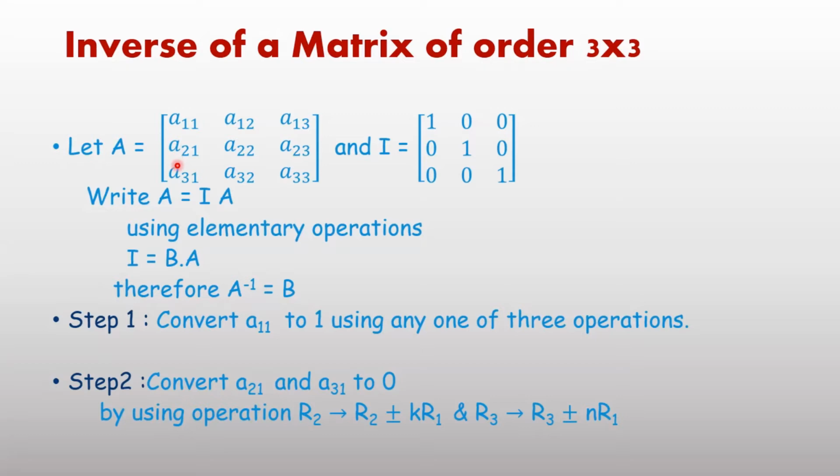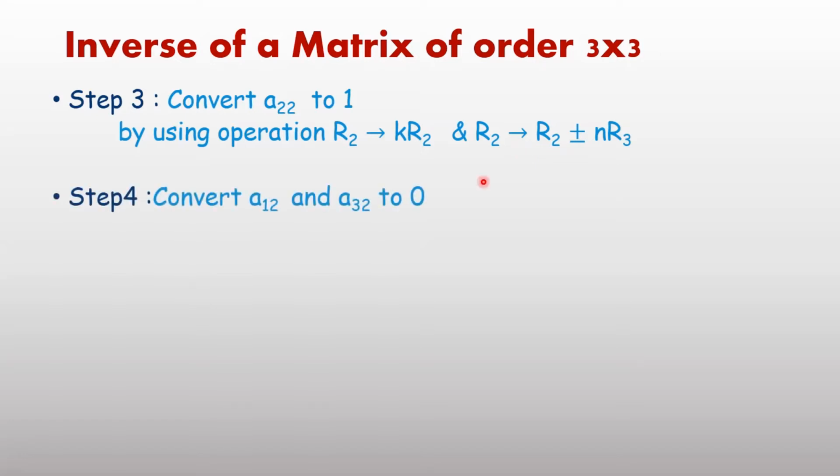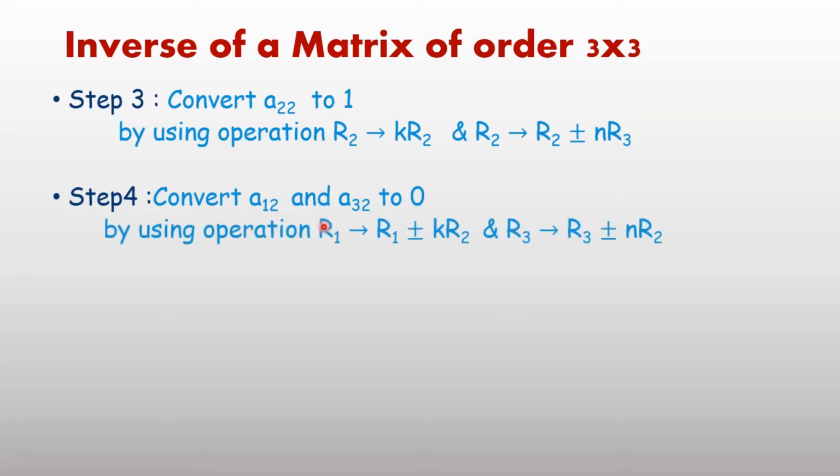Then next step, A22 as 1. The element of the second row, second column, you have to convert as 1 using any one of these suitable properties or operations. Step 4, the remaining elements of the second column are converted to 0 with the help of R2.